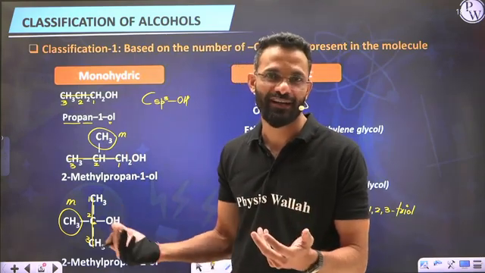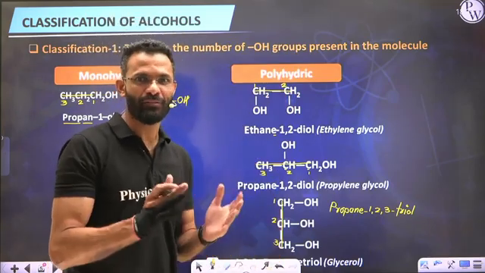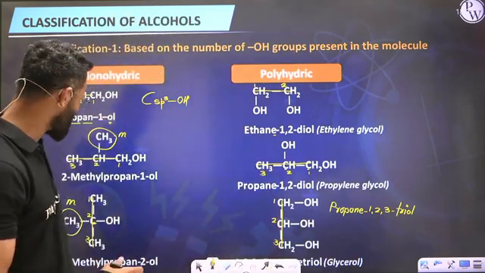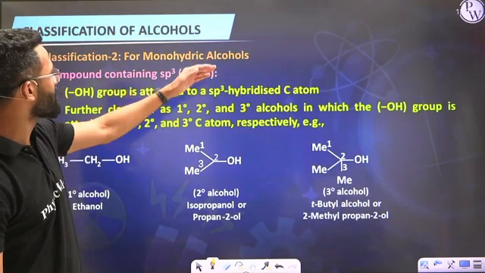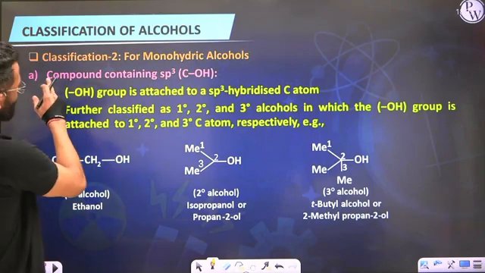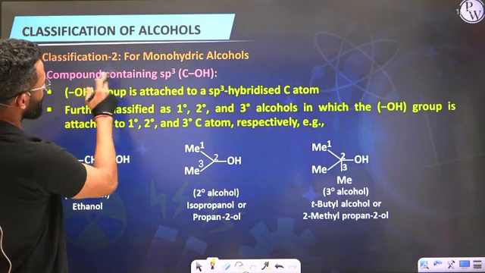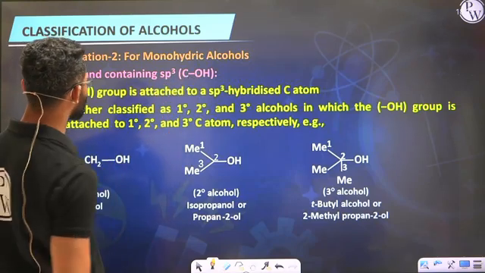We are going to see that. And likewise, you might find benzylic alcohol as well. Let us see classification number 2 for monohydric alcohol, based on the hybridized state of carbon atom. The first category is alcohol containing sp3 hybridized carbon to which OH is connected.